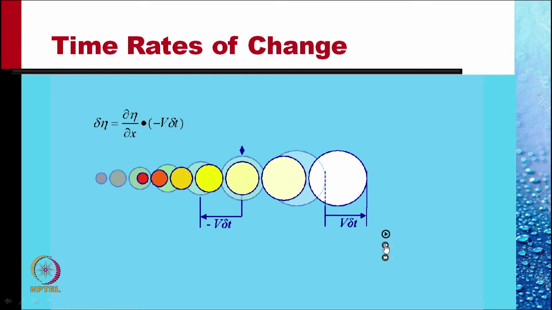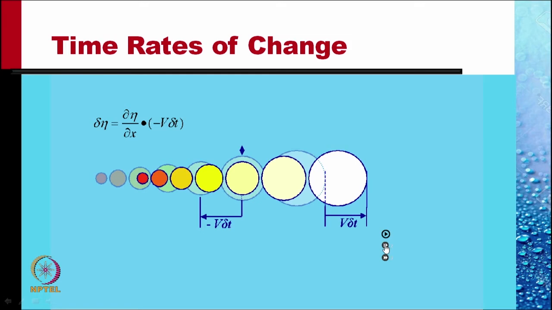So, this change in property eta is solely because of the motion of the fluid particles, and of course because of the gradient of the property eta in space. Because if del eta by del x was 0, then all particles were the same size. No motion would show any change in the value eta at the location of the probe.